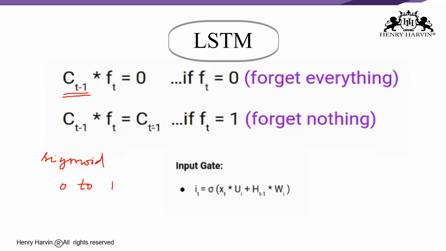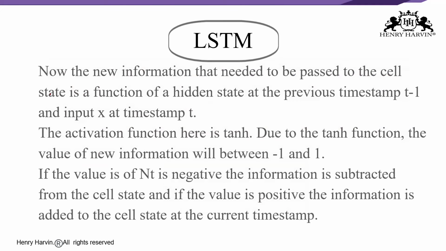And if Ft is equal to 1, forget nothing, right? So if Ft is 0, then the network will forget everything. And if the value of Ft is 1, it will forget nothing. So the first sentence we were talking about Alex, and after a full stop, the network will encounter Harry. In an ideal case, the network should forget about Alex, right?